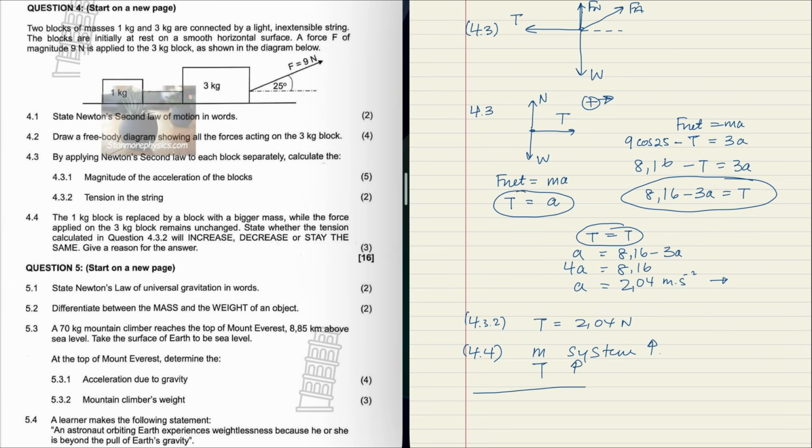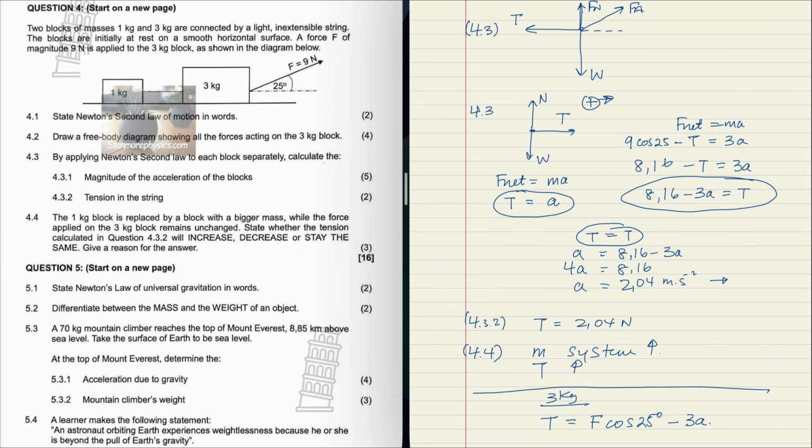Now there is another way you could look at it. If you look at the 3 kilogram block, the 3 kilogram block has a formula. Tension is going to equal F cos 25 minus 3a.